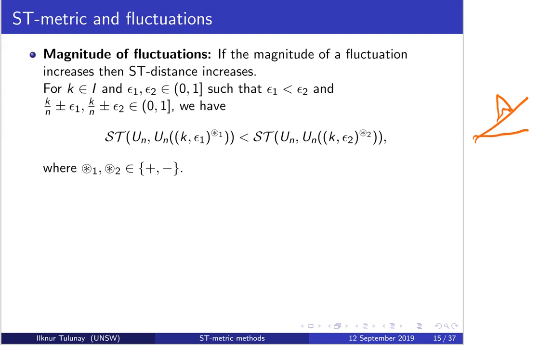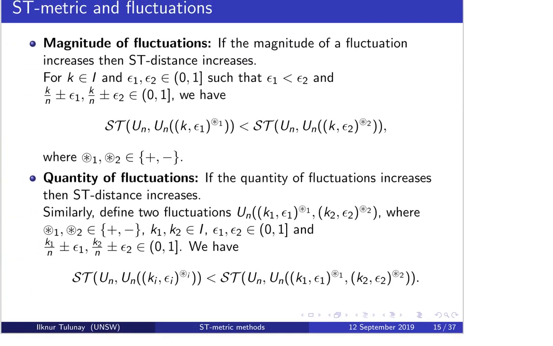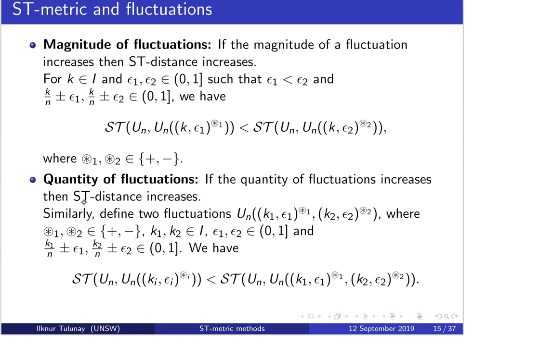Since everything is positive, of course the bigger one will give you the bigger value. And the quantity of fluctuations will differ as well. If you have more fluctuations in one of them and fewer in another, it will differ.